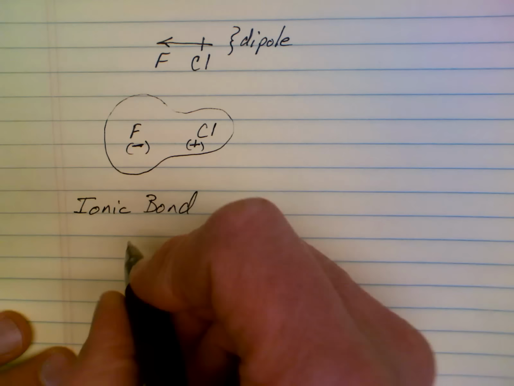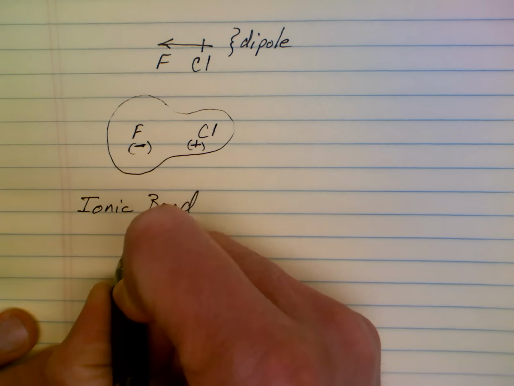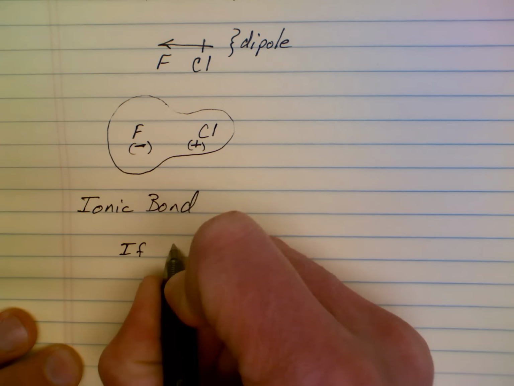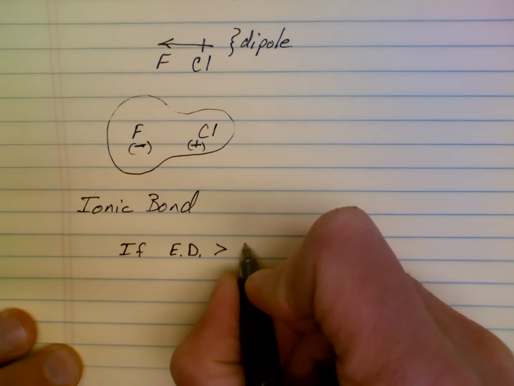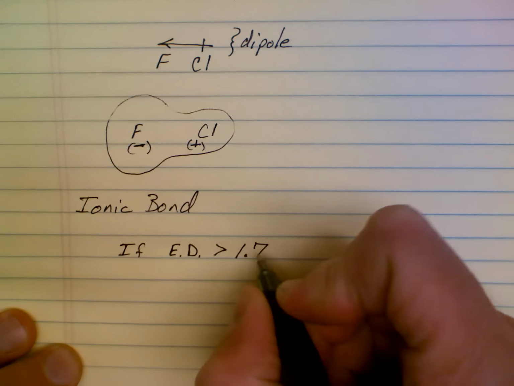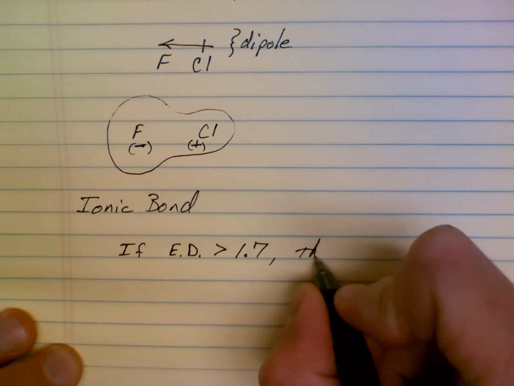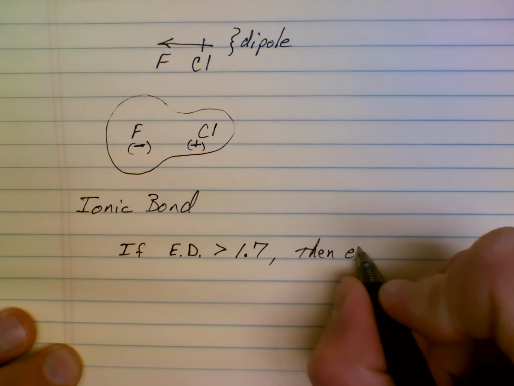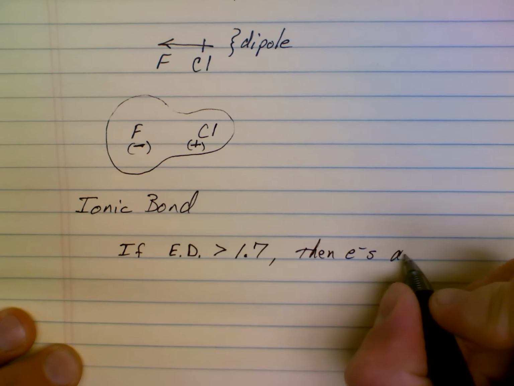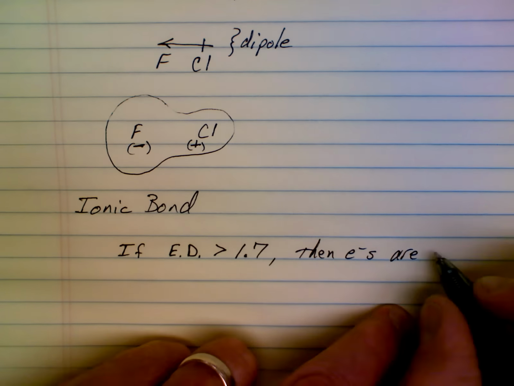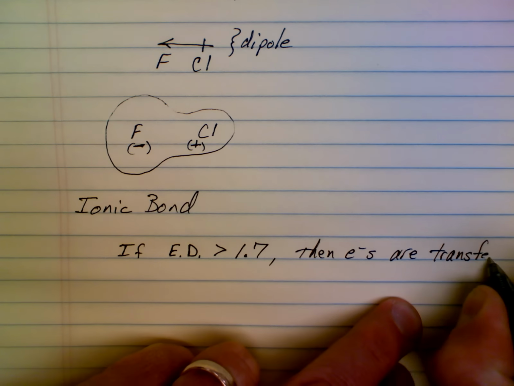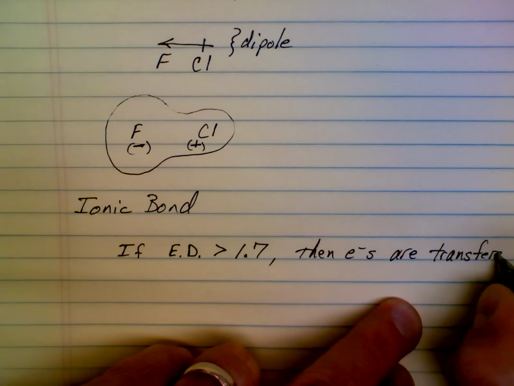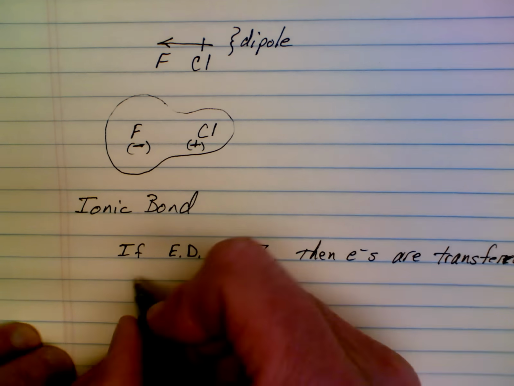So if the electronegativity difference is greater than 1.7, then the electrons are transferred to form ions.